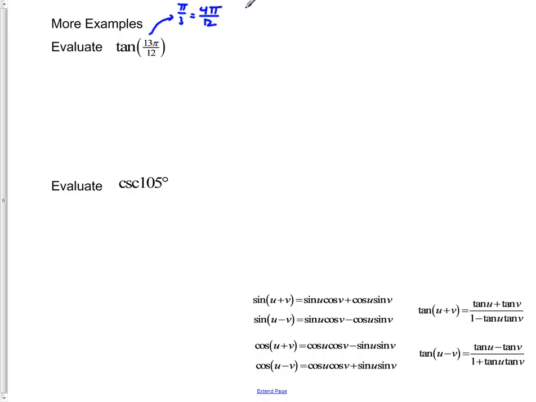We know that pi over 4 is equal to 3 pi over 12. Let's see, what else could we get right here? We know that pi over 6 would be 2 pi over 12.